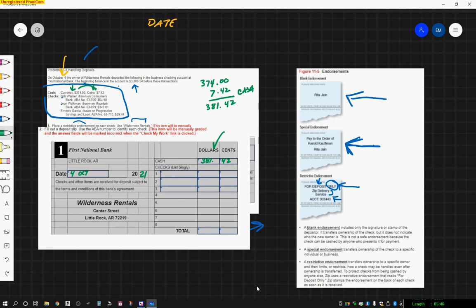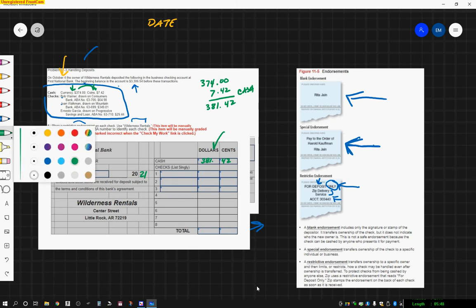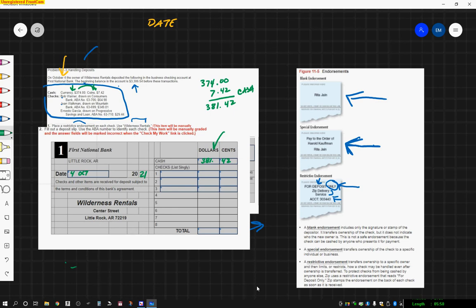Now we need to list the 3 checks. ABA numbers are first. I think that seemed a little fat, that writing. ABA number for the Bob Warner one is ABA 63-706. The dollar amount for that check was $64.98. The next one, the ABA number is 63,699.